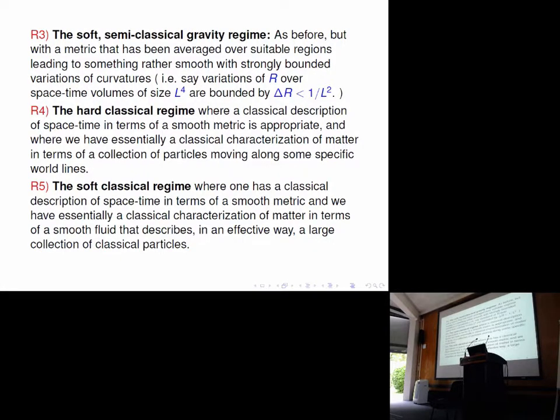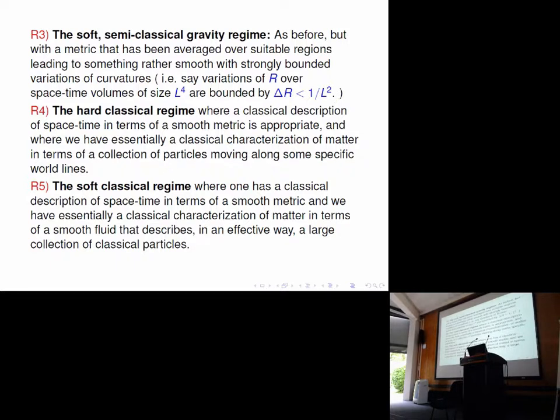Then we would pass eventually by some sort of averaging to a regime in which we have obtained some relatively smooth description of space-time. It's like the second slide that I showed, where you already have a description of space-time in which the variations of the curvatures are small over relatively extended regions.